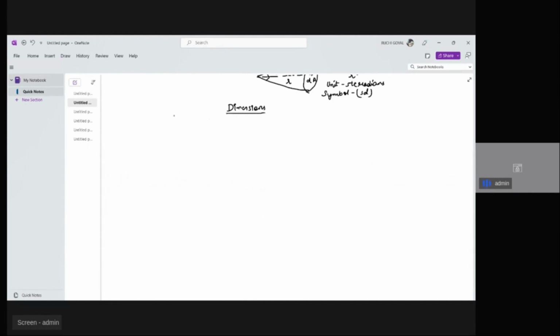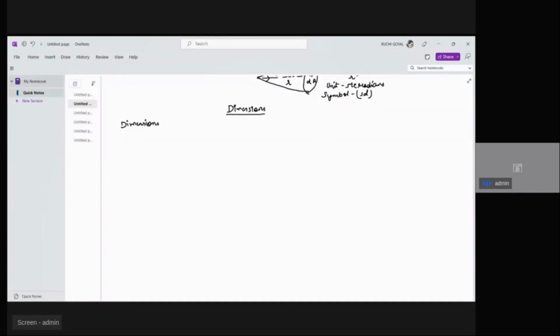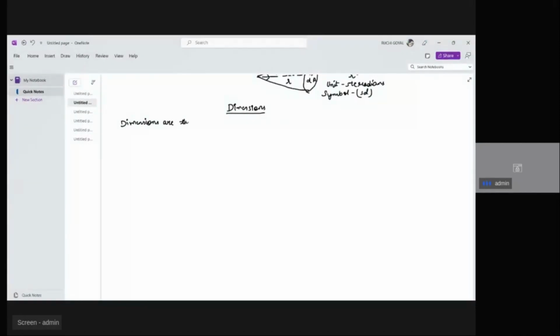Dimensions are the powers to which the fundamental units are raised in order to express the derived unit of a quantity.